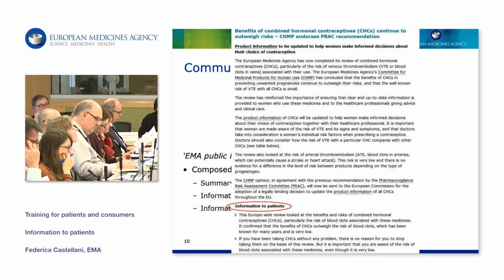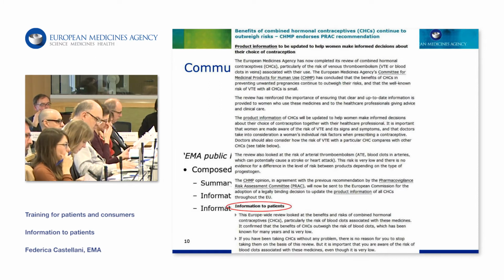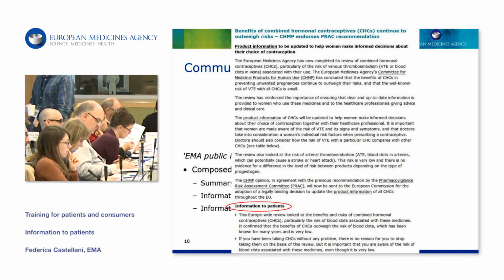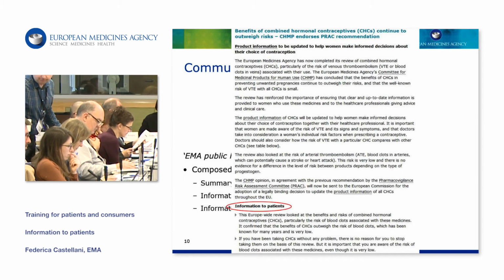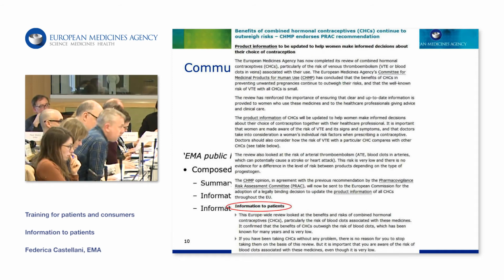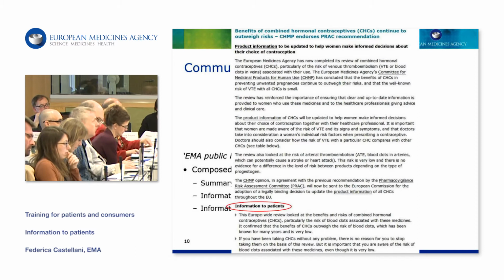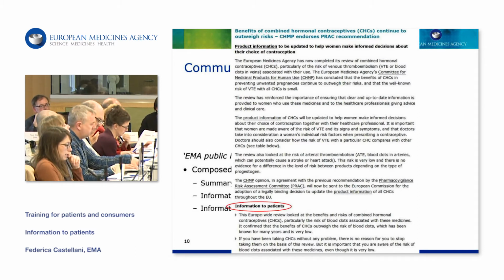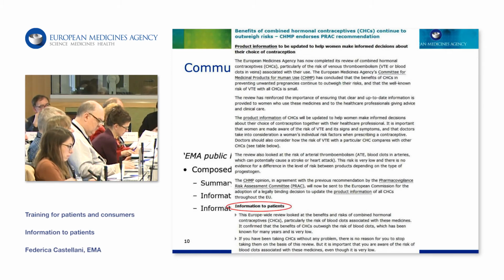This is the same case of the oral contraceptives. As you can see, the first part of the document is the press release type, where we also say the CHMP was in agreement with the previous recommendation of the PRAC. Then we have a section called information to patients, where we try to speak directly to them and let them know, for example, if you have been taking CHCs without any problems, there is no reason for you to stop taking them on the basis of this review.